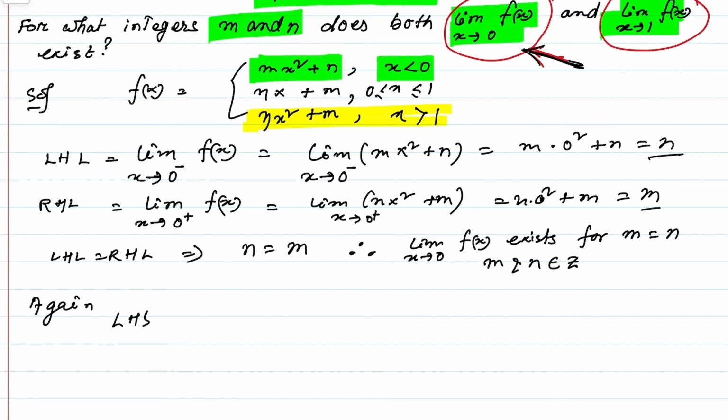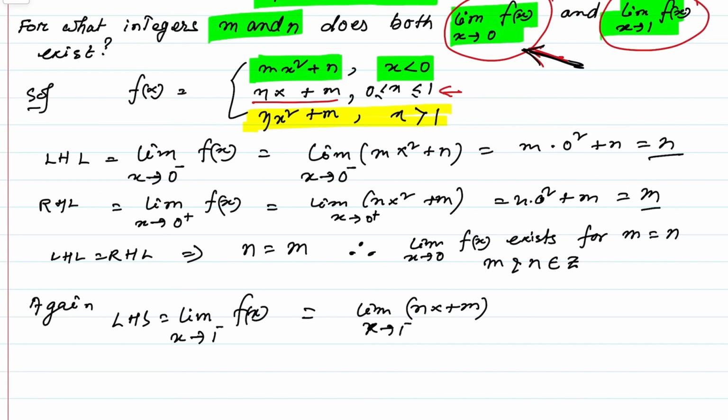Now left hand limit, where limit of f of x as x tends to 1 negative. So here for less than equal to 1, it is nx plus m. So we have to write limit nx plus m, x tends to 1 negative. So if you put 1 here, n into 1 plus m, that is n plus m.